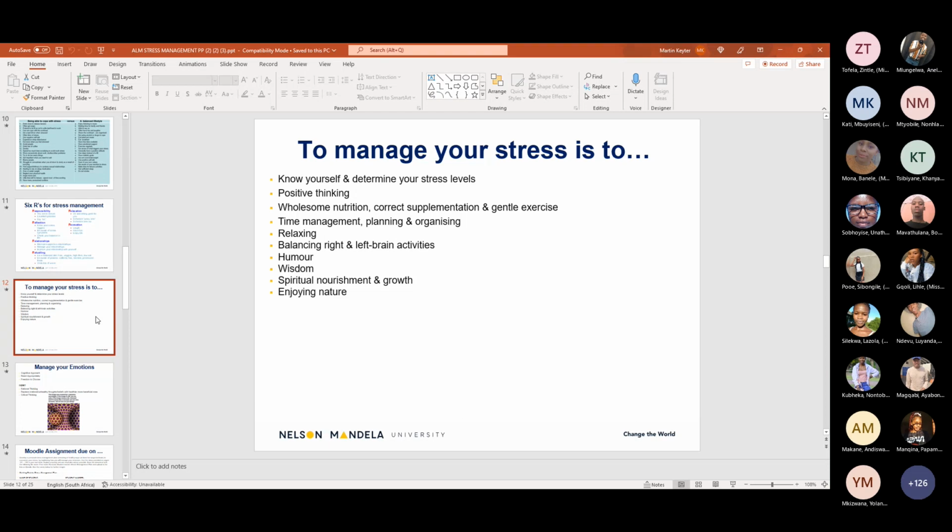You need to manage, when it comes to stress, the psychological aspect of your development, with the wholesome nutrition. So you also need to take care of your body. You cannot just focus on the psychological component and neglect the physical aspect of it, because in the beginning of this lecture we showed you the connection between mind and body when it comes to stress.